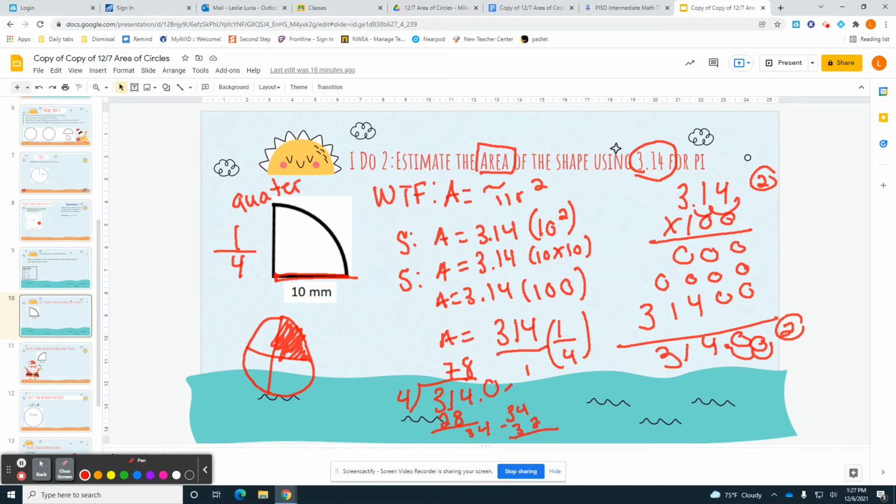You're going to have to add a decimal and add a 0. It's 2, add your 0, and that's 5. So the area for this quarter of a circle is 78.5. In case I lost you here, I was just dividing. I brought this 34 up here and then continued my division there.